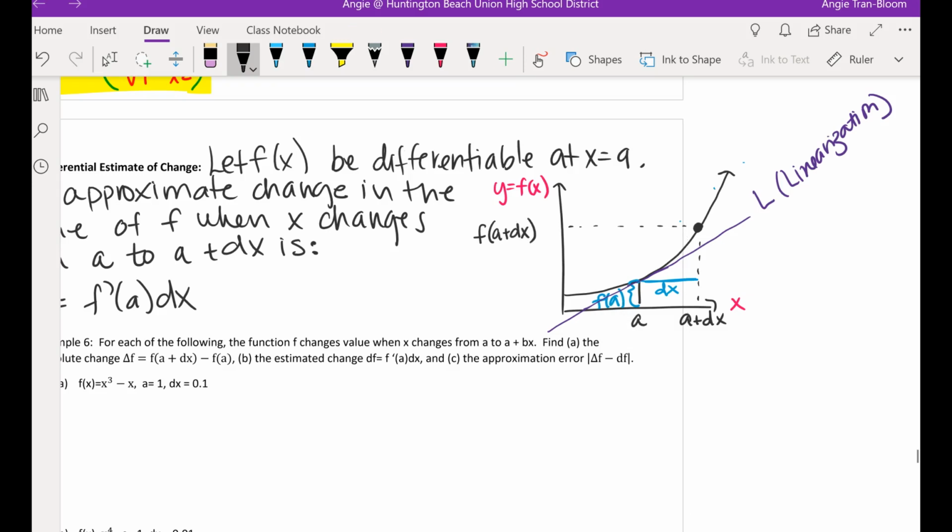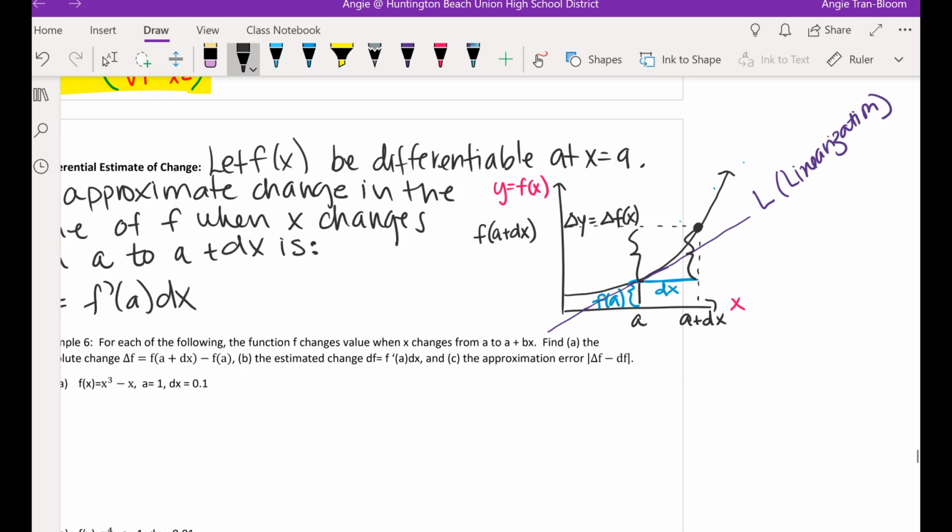Okay, well, then what does that mean? That means this space right here, which is, by the way, the same as this space right here, is the change in y, right? Which is the same thing as saying the change in f, since it's f of x, the change in f of x.